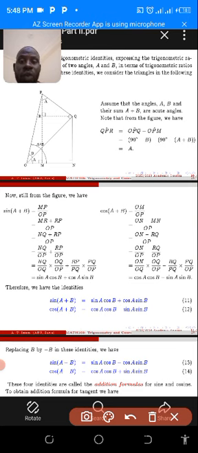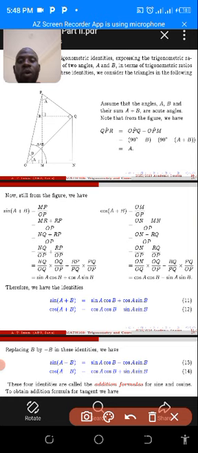RP over PQ is cos A, because this is A, and RP is opposite to A, over the adjacent, and that equals cos A. Now you also look at the other one, times PQ over OP.